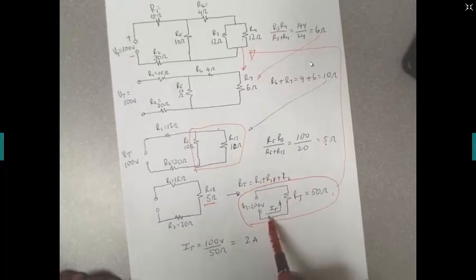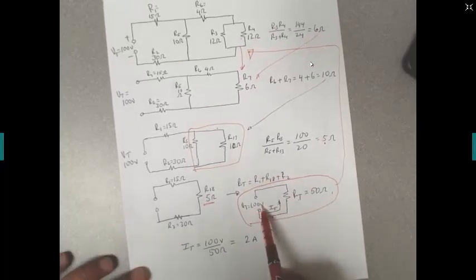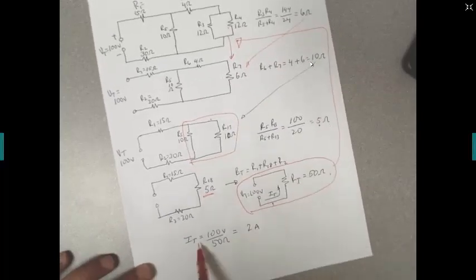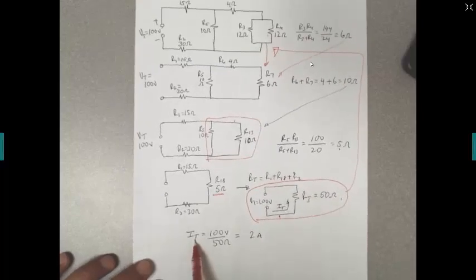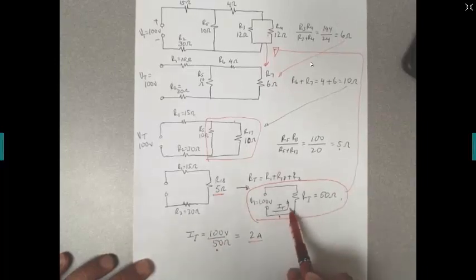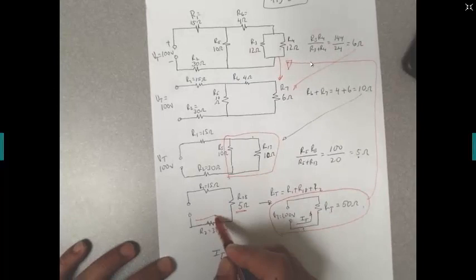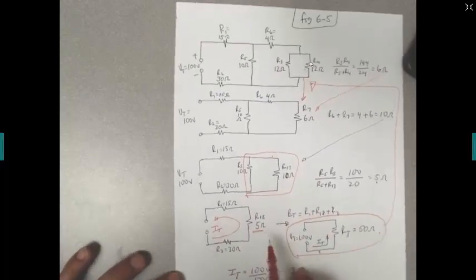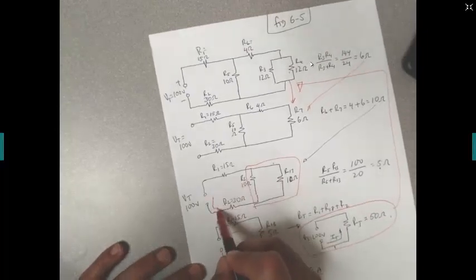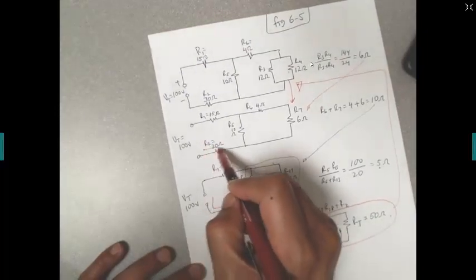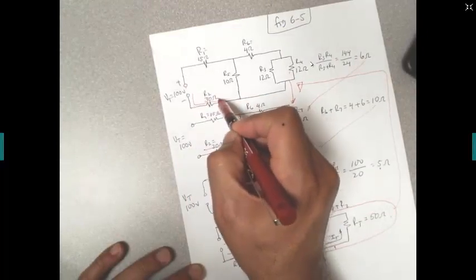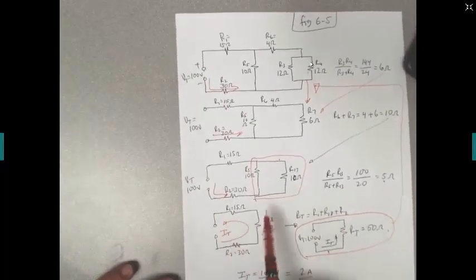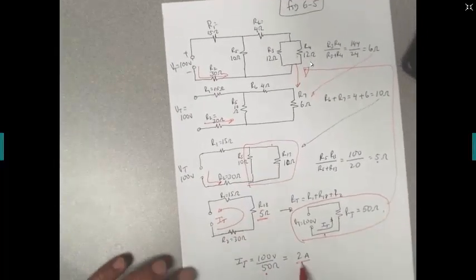Now, once I know the voltage and the total resistance, I can find the total current. The current will be the voltage divided by the resistance, and that will give me 2 amps. So I know now that the current in here is going to be the current going this way, or that way. It's the same current. This is going to be 2 amps.